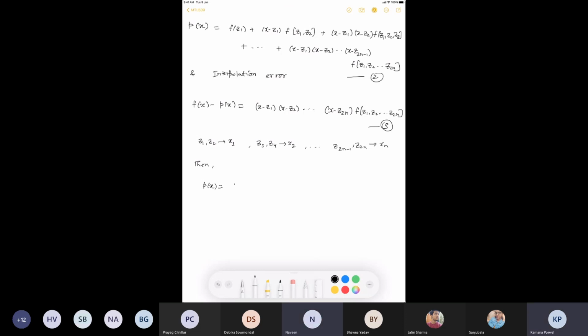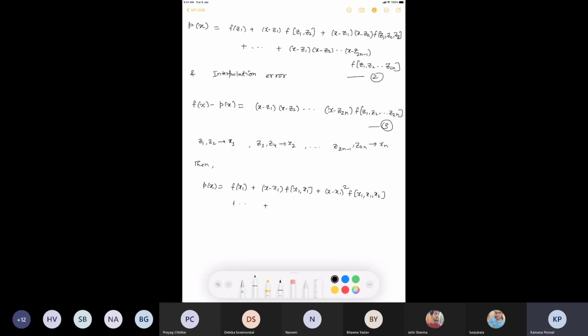So we will have this as f of x1 plus x minus x1 f of x1 x1, plus x minus x1 square f of x1 x1 x2, and so on.